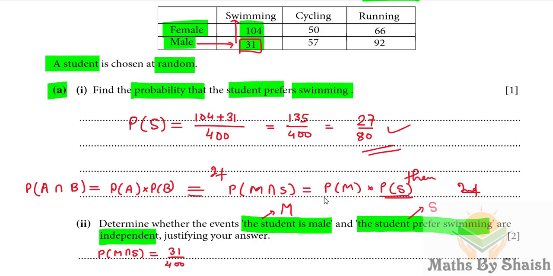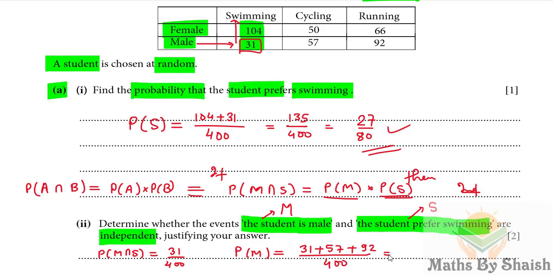We only need to calculate the probability of M. So probability of M means what is the probability that out of 400 the student is male. So we need to calculate the total males here: 31 for swimming, 57 for this, and 92 for running, and divide by 400.